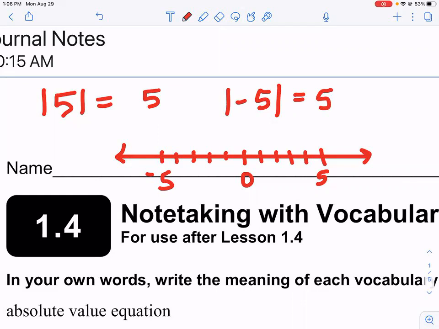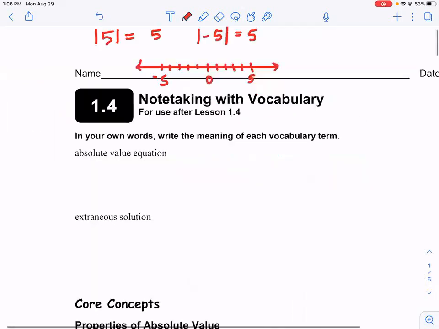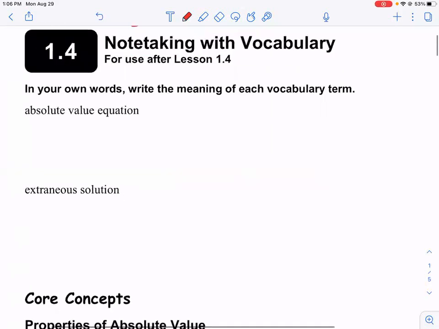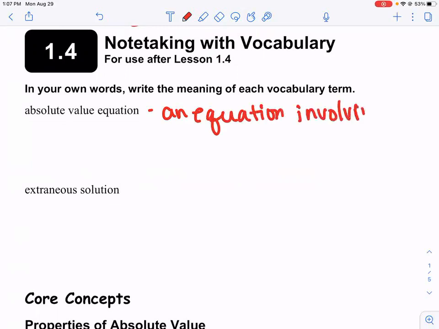All right, so if you would please turn in your journals to this page right here, we're going to talk about an absolute value equation. Now I bet that you could write the definition of this without me having to tell you: an absolute value equation is an equation involving an absolute value.